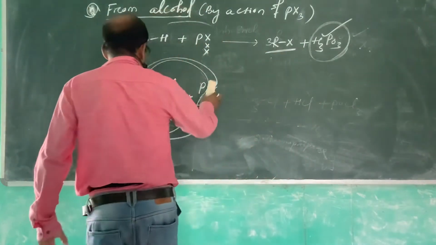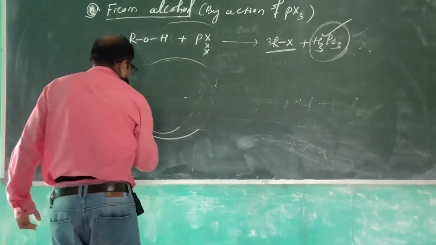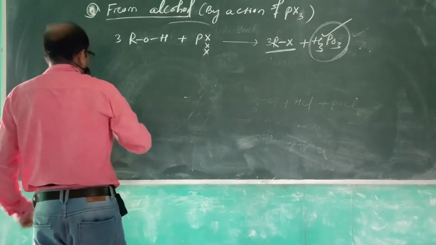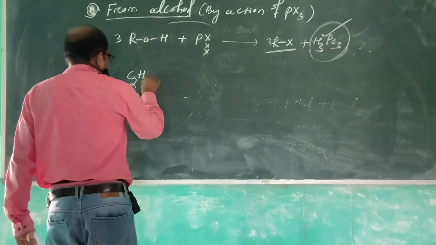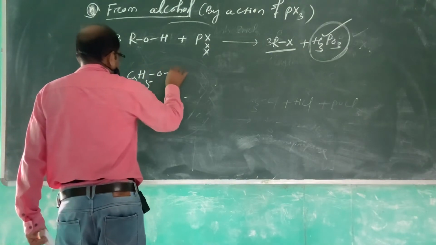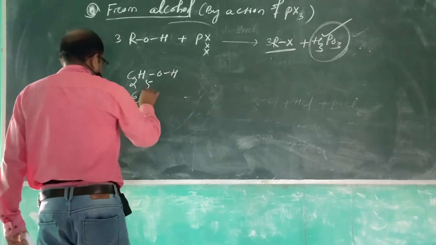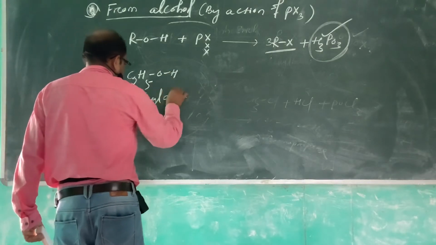Let us consider a reaction of ethyl alcohol with PCl3. This is the formula for ethyl alcohol.